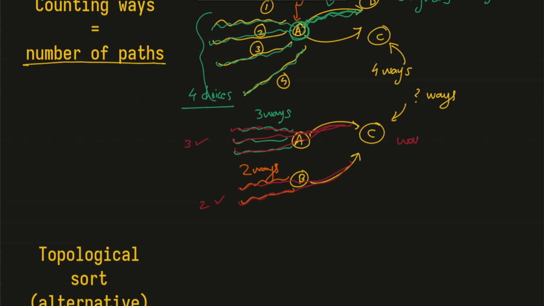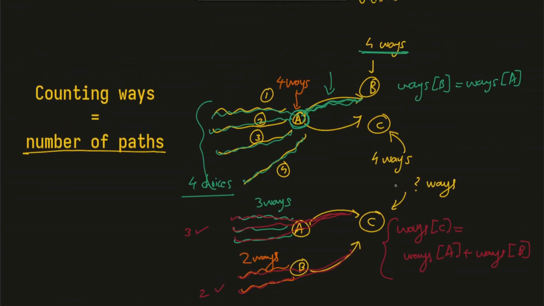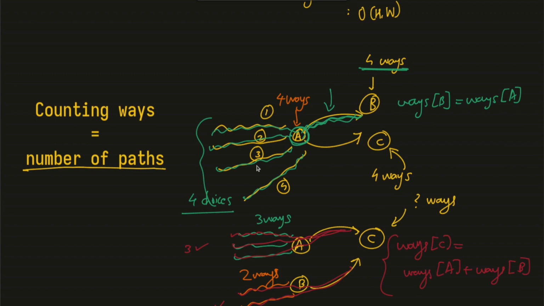Hence the ways to arrive at C would be ways to arrive at A plus ways to arrive at B. This is the main logic for counting the number of paths from one node to the other.